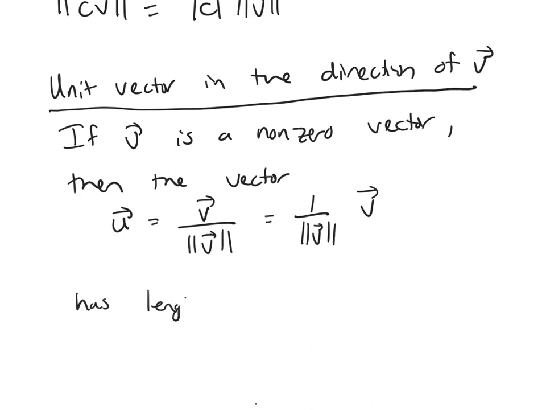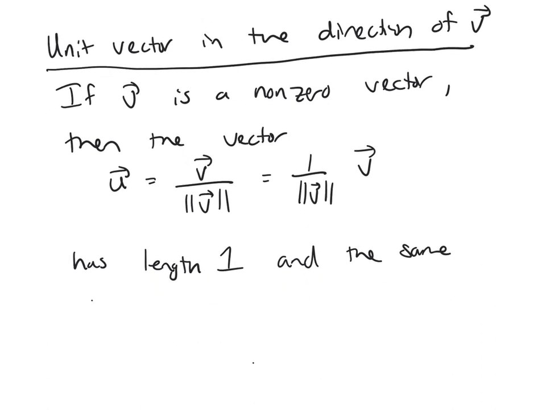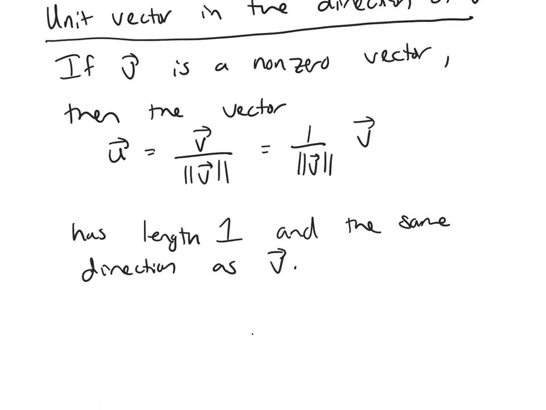Remember what it means to have length 1. That means it's a unit vector and the same direction as the vector v. So what you've done is you've taken your vector v, you're still in the same direction as v, but all you've done is change the length to make it a unit vector.